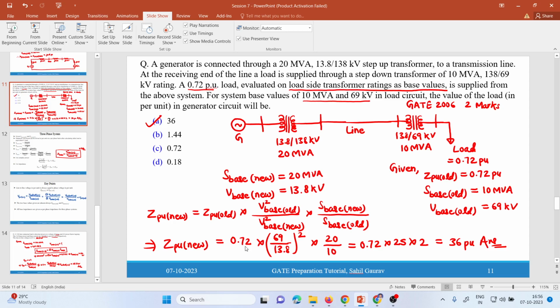So you are saying that here the load side will also be 13.8 kV? No, sir. Here the first transformer is 13.8 by 138 kV, and if the second transformer has 140 by 70 kV, sir.